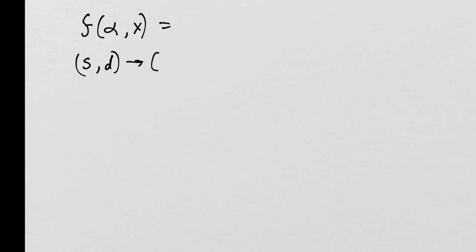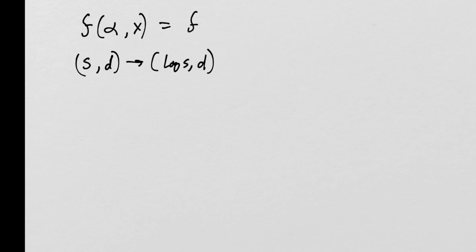How does this affect the transformation function f of some group element alpha acting on a coordinate x, right? Well, now I have to take, so if I'm dealing with the group element that has a scaling of s and a shift of d, that has coordinate log s, d, right? And f acting on this is going to be, so these are the coordinates.